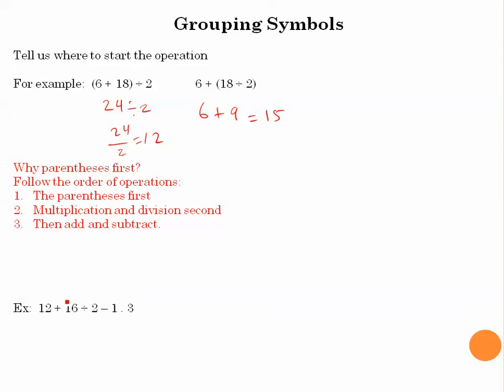We have to start with dividing and multiplying first. So 16 divided by 2 is 8. Now 1 times 3 is actually 3. Now what we do is just add and subtract them. 12 plus 8 is 20, take away 3 is 17.